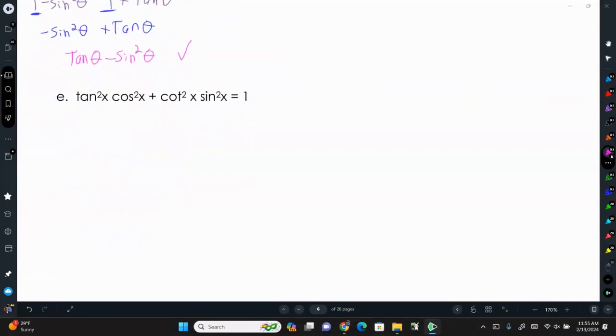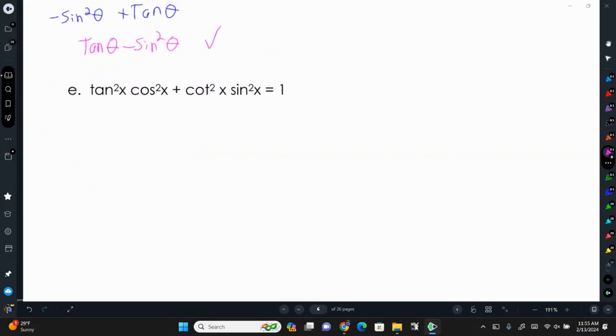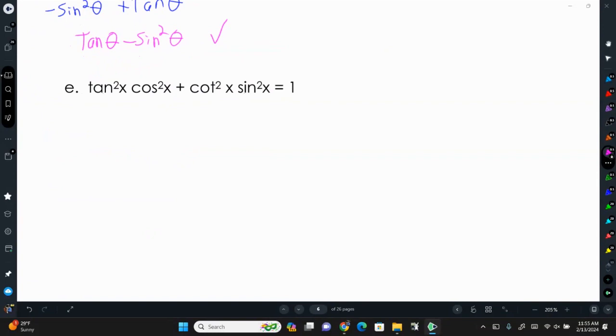Now letter E: tangent squared times cosine squared plus cotangent squared times sine squared equals 1. Well, the more complicated side is going to be the left side, and it's going to equal 1. So whenever I see that something equals 1, I go back to sine squared plus cosine squared equals 1. So that's what I'm going to try to get on the left.